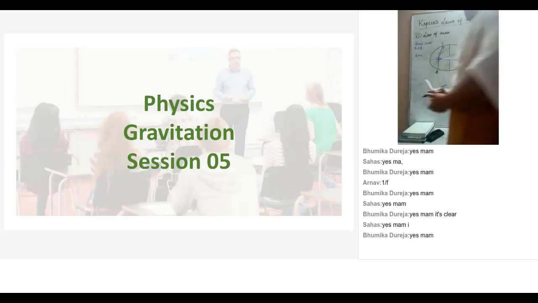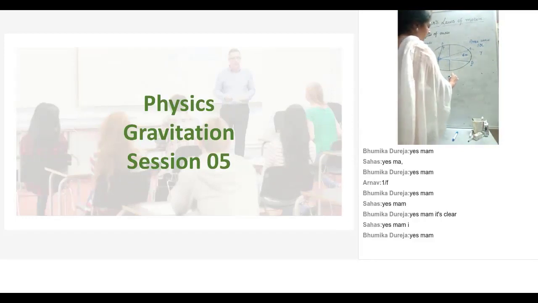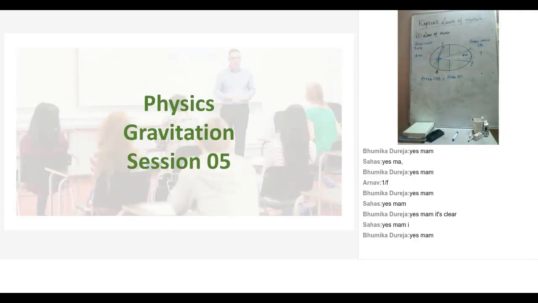And Kepler observed that these two areas, area SAB is equal to area SDC, which means that the radius vector sweeps equal areas in equal intervals of time.